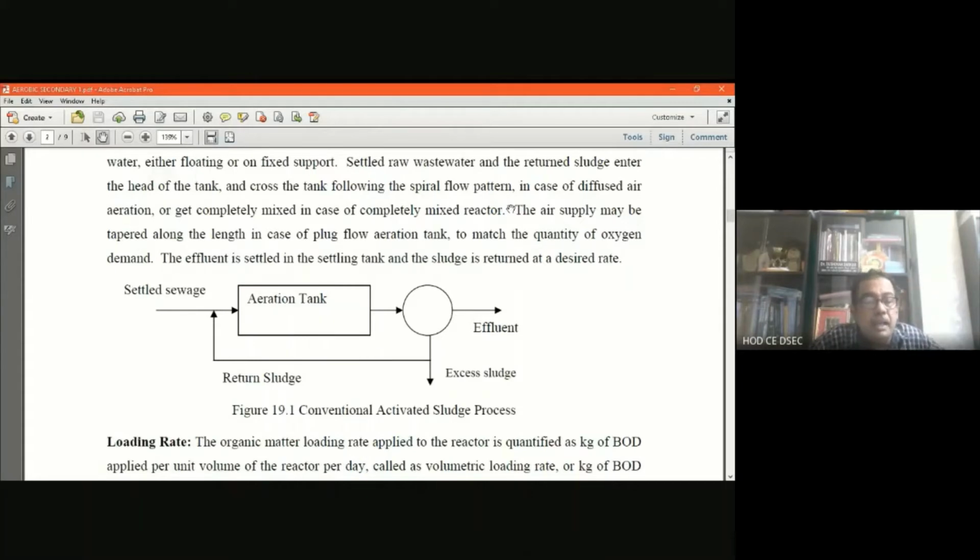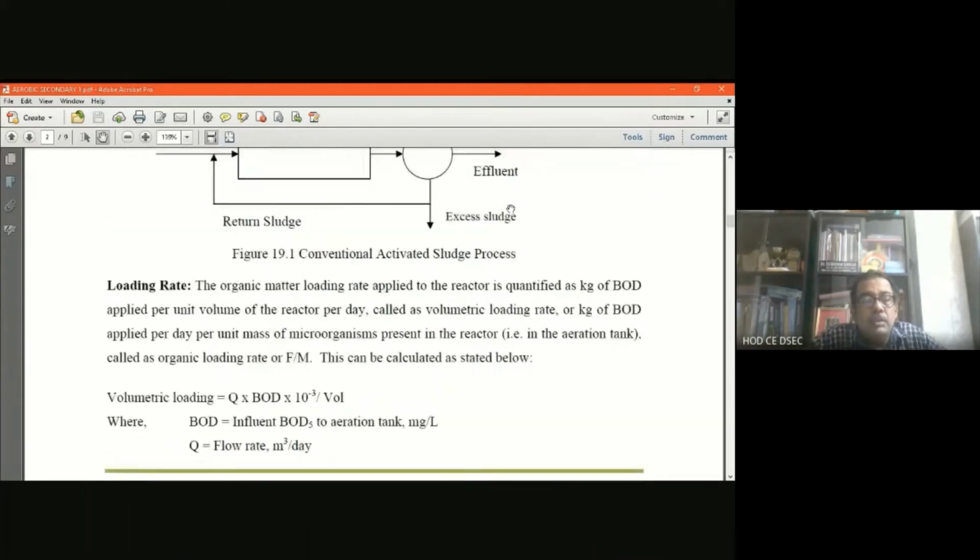Now let me discuss the loading rate. What is loading rate? The loading rate means the organic matter loading rate, that is the carbonaceous organic matter which is to be removed from the wastewater, that is the pollutant.